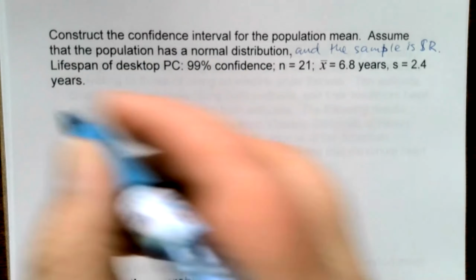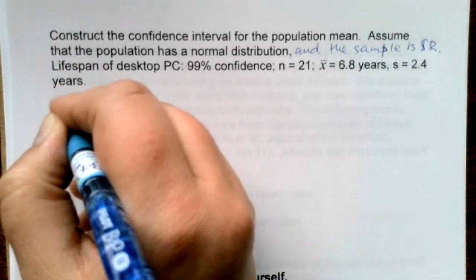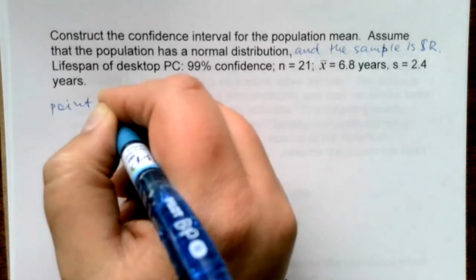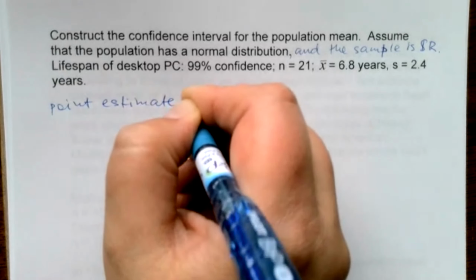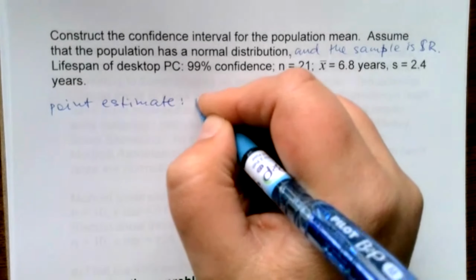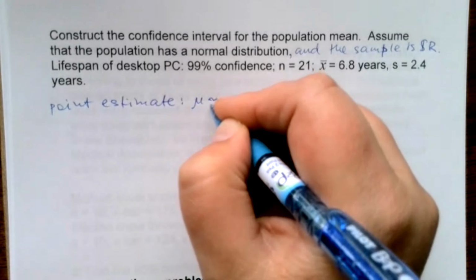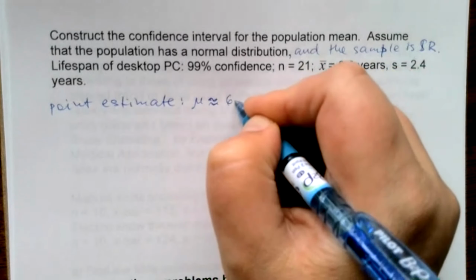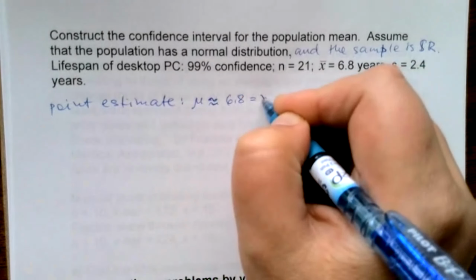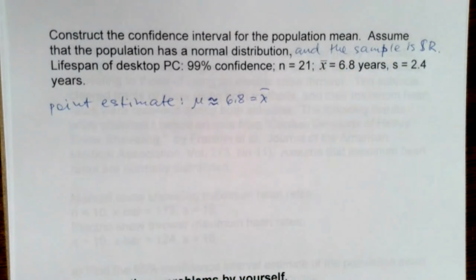All right. So with these requirements met, we can estimate the population mean. The point estimate is going to be the sample mean: the mean of the population is approximately equal to the sample mean. That's the point estimate.